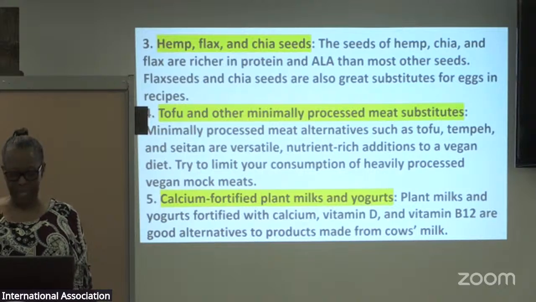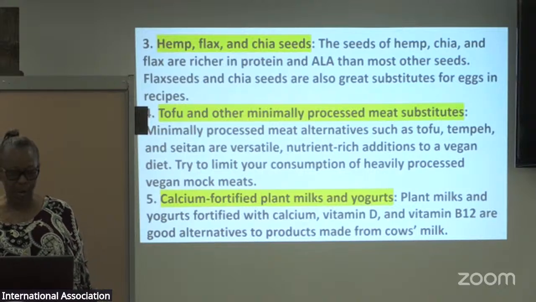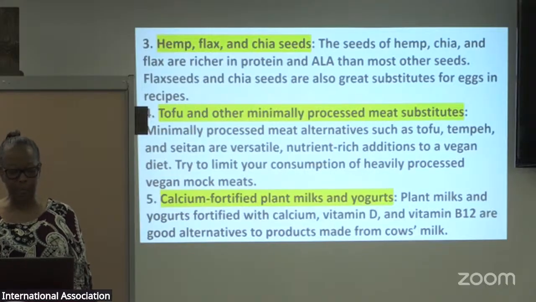Try to limit your consumption of heavily processed vegan mock meats.